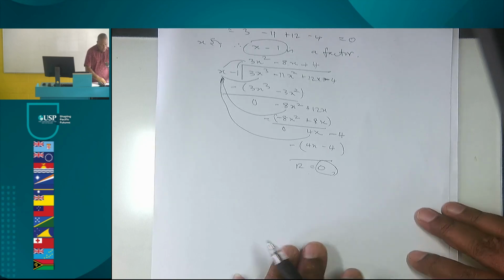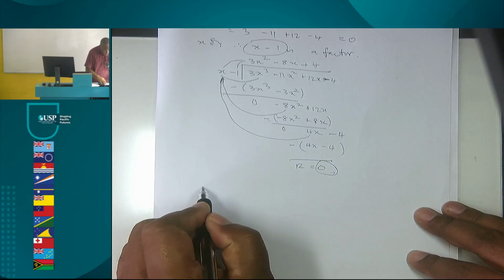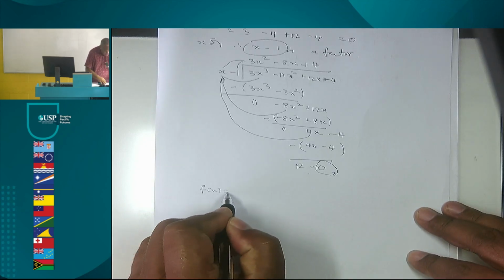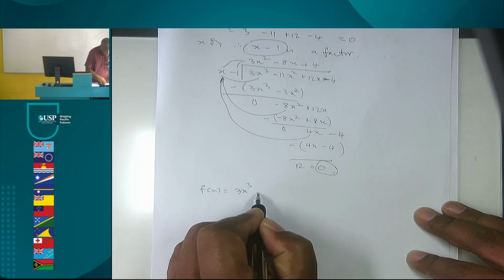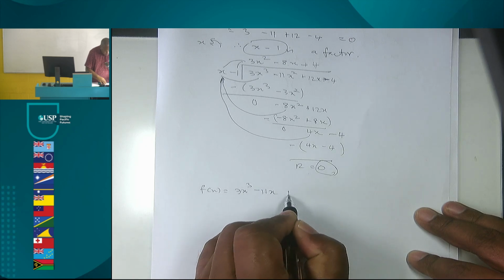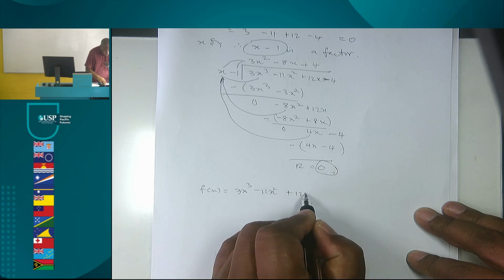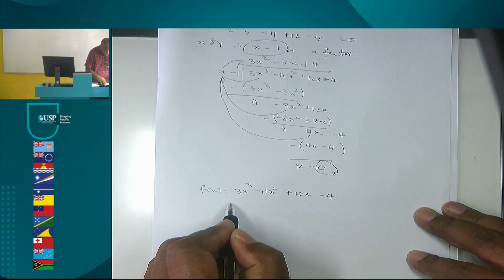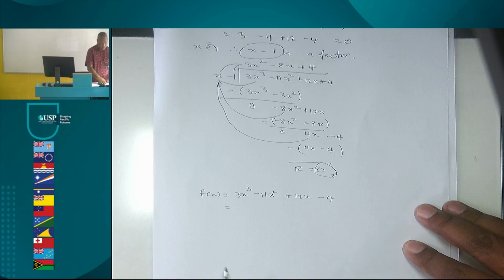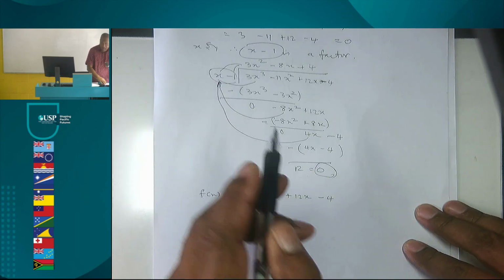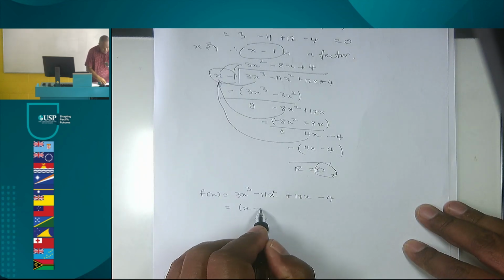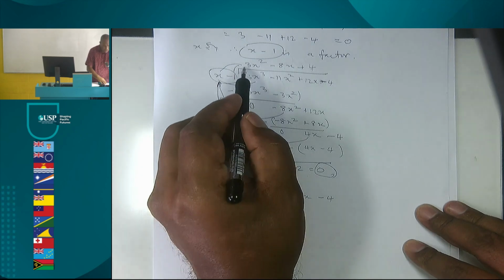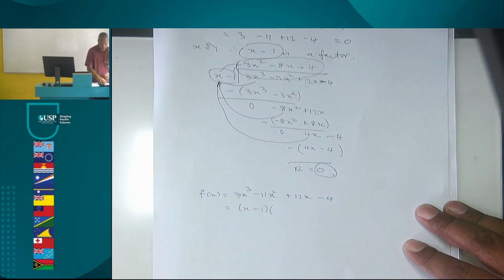Once we've done that, we'll rewrite this. It is now equal to the divisor times the quotient.